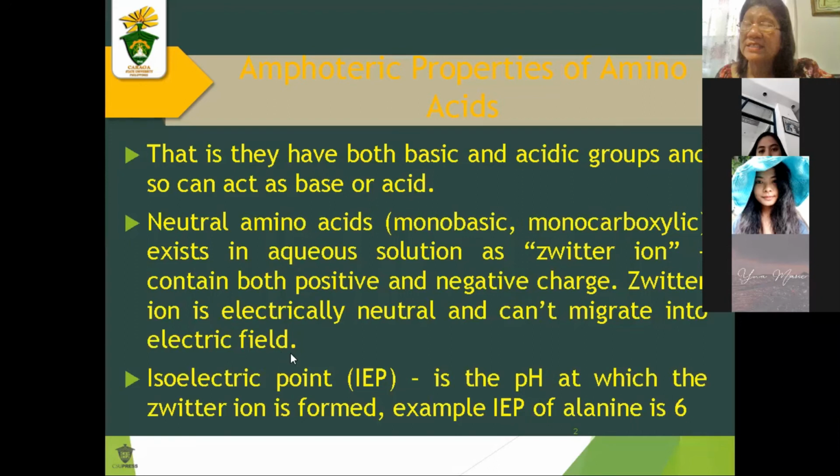So it could not migrate in the electric field. They are called amphoteric ions, or zwitterions. The isoelectric point, the IEP, is the pH at which the zwitterion is formed. We can also get the IEP, meaning the pH, from the migration in the electric field.